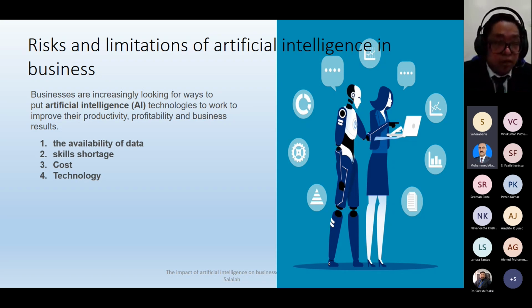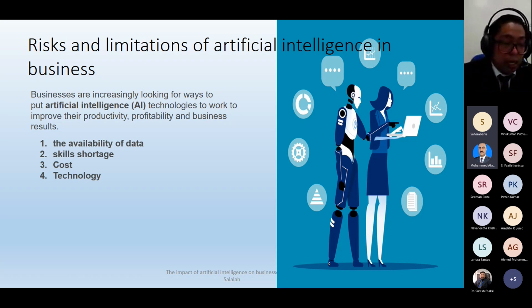Most of these people call themselves data scientists, or maybe skilled machine learning professionals. These specialized people are in short supply, and we need to outsource, and the cost is definitely going to be there.